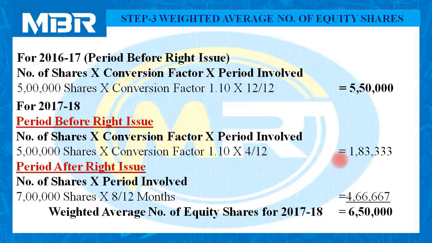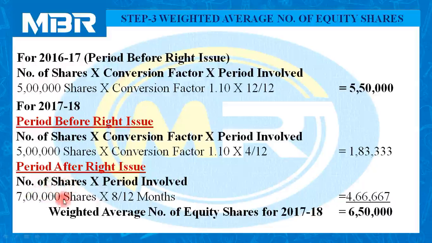2017-18. On 31st July 2017, the company has issued 2 lakhs right equity shares. So for the period after right issue, number of shares multiplied by period involved in the calculation. Now we are not in need of conversion factor because the effect of conversion factor is applicable before the period of right issue.